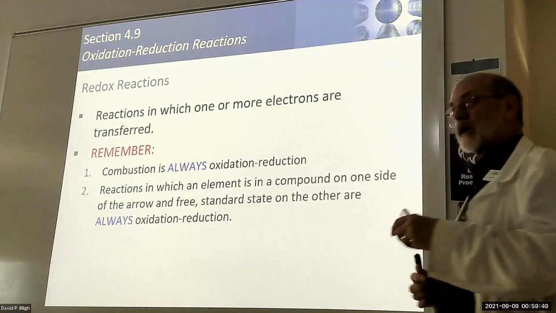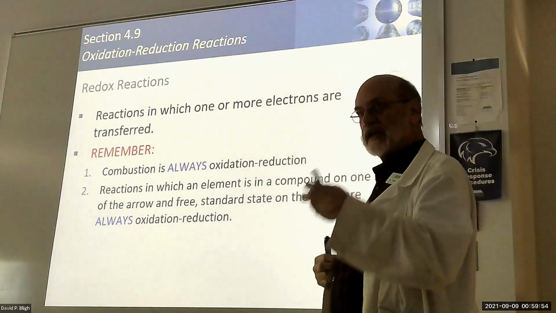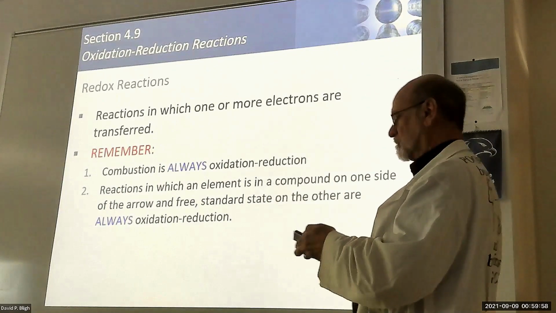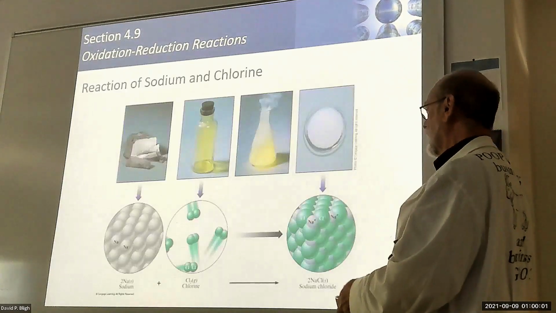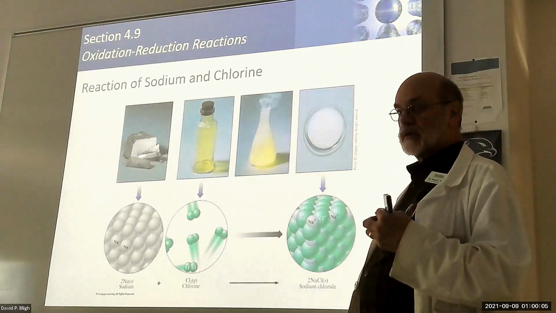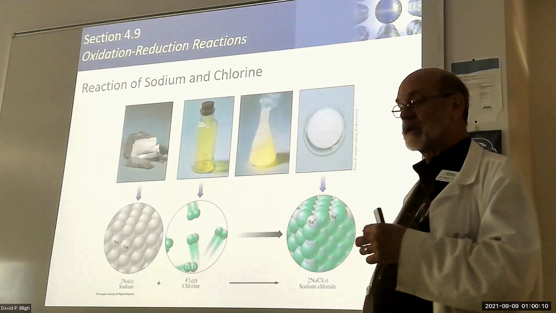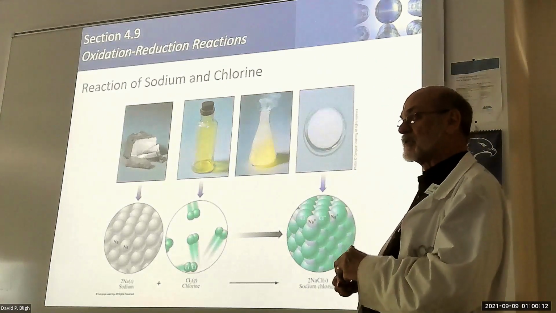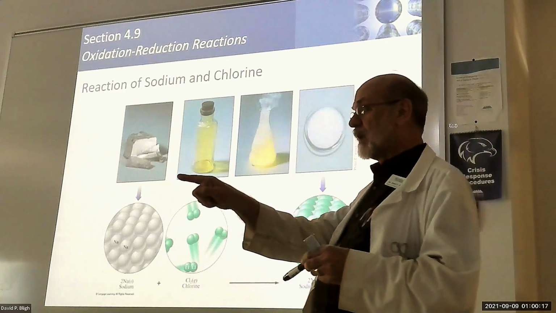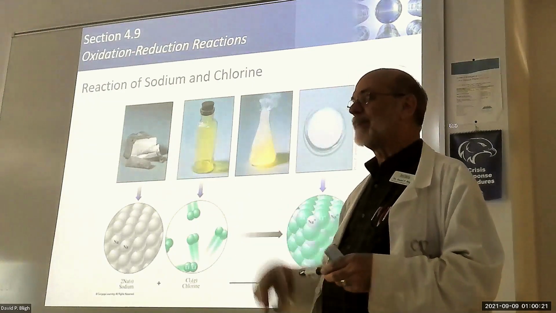So what we're looking for is a change in the number of electrons in one of the species or the other to detect the movement during a reaction. Now, one way to identify an oxidation reduction reaction without actually determining the movement of electrons is to ask: is there an element on one side of the reaction that ends up in, or originates from, a compound?